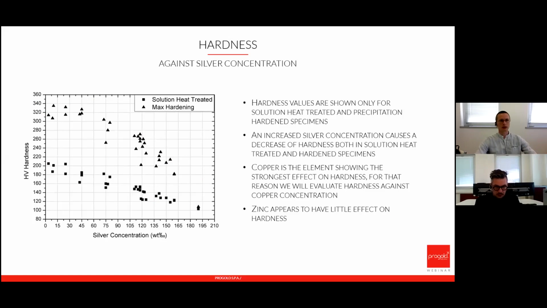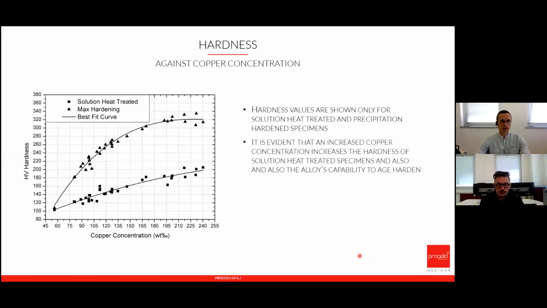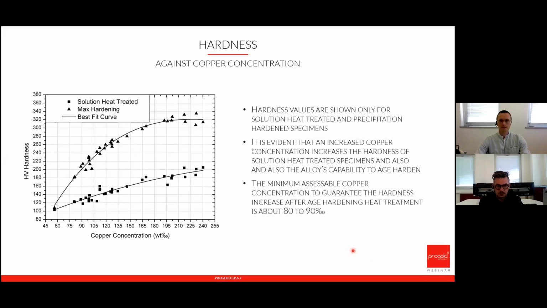So now, by looking at the hardness values we obtain, we understand that silver and zinc are not the most important elements for the hardness of the alloy, but the most important one is the copper concentration. So that's why we plot both the hardness before the hardening and after hardening on the copper concentration.